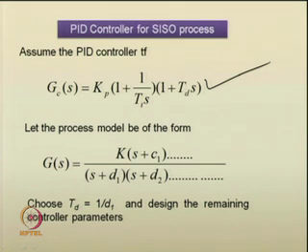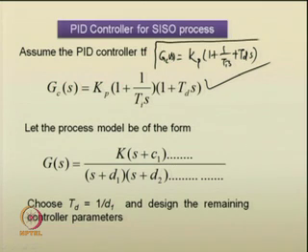What is a parallel form of PID controller? We write a controller given by the transfer function Gc(s) as Kp times (1 plus 1 upon Ti s plus Td s) as the transfer function for a parallel form of PID controller. In a parallel form of PID controller, the controller itself is introducing two zeros.